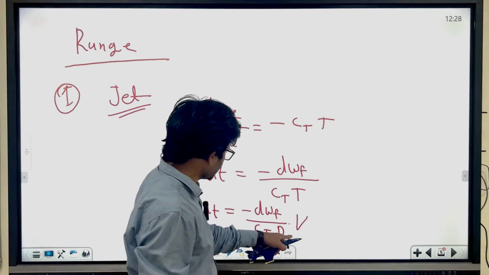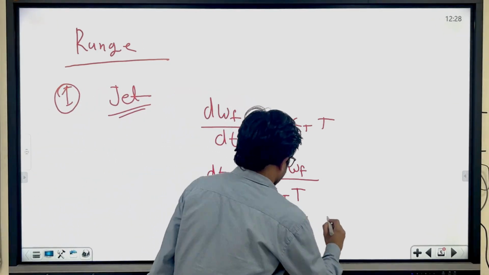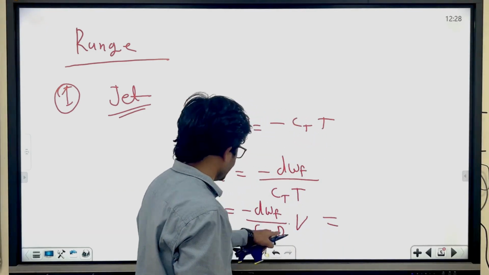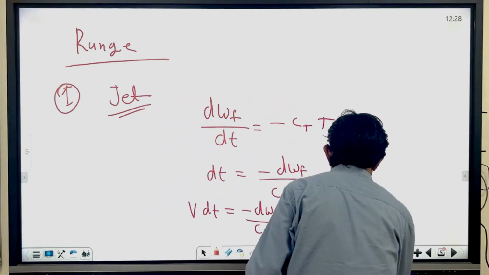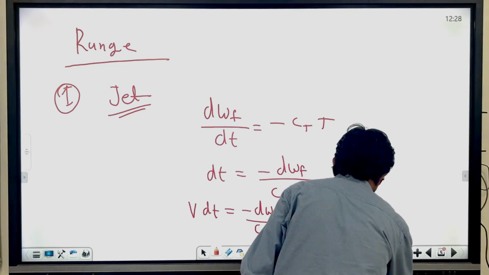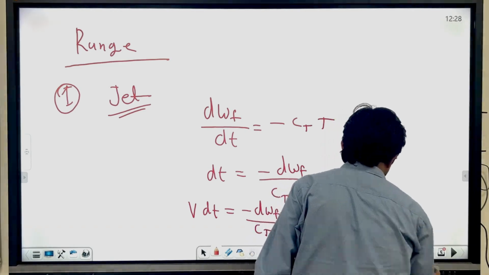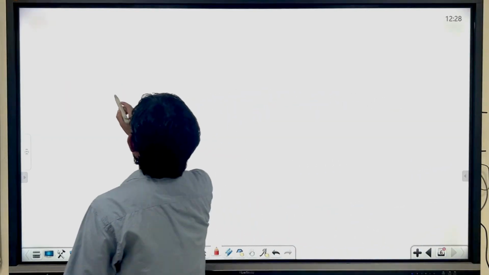So okay, if you substitute this V and divide by W and multiply by W, you can rearrange 1 upon Ct, or we'll start from the new slide.